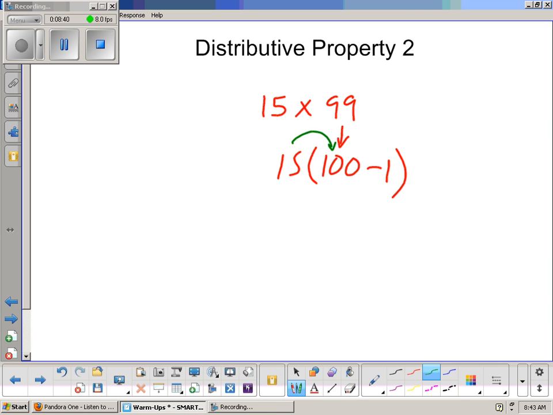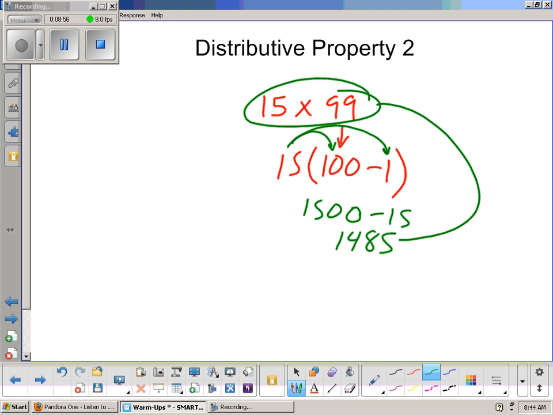You can distribute the 15 and get 1500, and you can do 15 times 1, which is 15, and put a subtraction sign in there, and realize that the product of this original problem is 1485. 15 times 99 is 1485. So all this math can be done in your head.